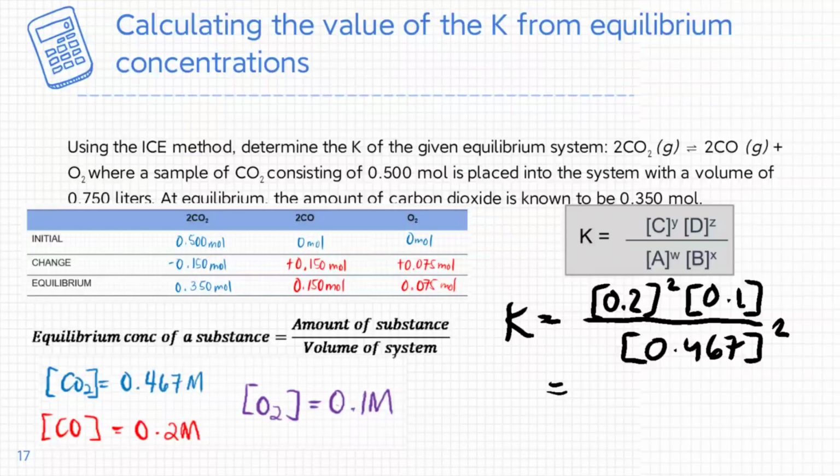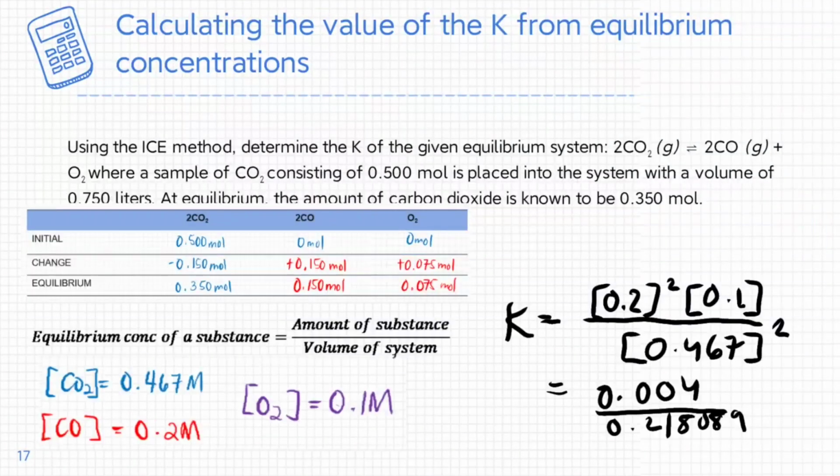Now you try to compute that, you will get 0.004 and then 0.218089. Your computed value will be K is equal to 0.018.